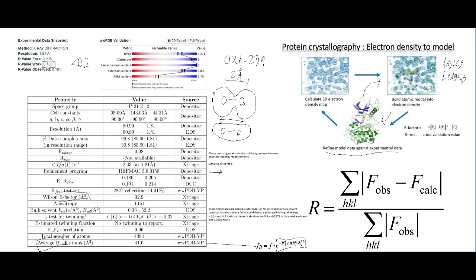L test for twinning. So twinning is just something that happens if you have sort of two crystals. So if you have a crystal like this, and then you have another crystal that's sort of attached to it, you get these twin crystals. So if X-rays are coming down onto it, then it's going to diffract differently off of this crystal than it will off of this crystal.